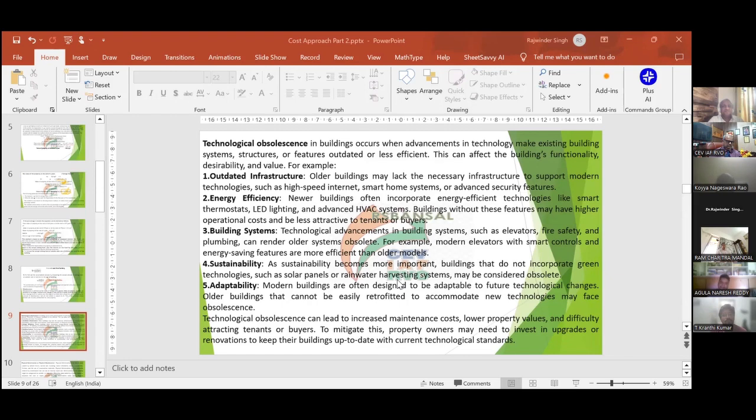Similarly, in the machinery also, there is a lot of innovations, that the machineries are energy saving machineries.